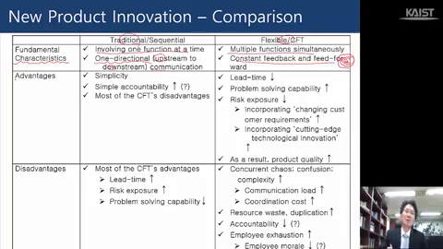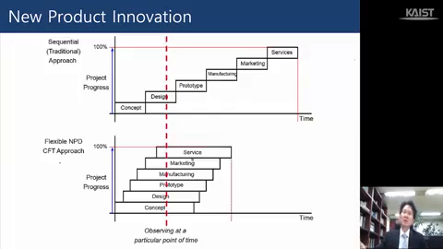Now, I want to talk about these advantages and disadvantages. Advantages. We already know that the reason why there was concurrent engineering was that time-based competition became an important strategic condition.